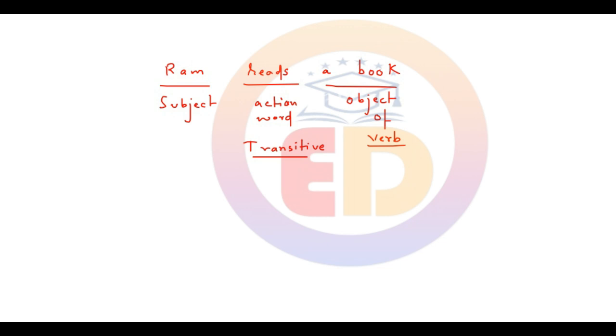Precisely, it will be called the object of verb. That is about transitive verb, but here our discussion is voice. If I break this sentence down, Ram is our subject, the action is reads, and book is the object. You can see that the subject Ram is reading the book, means he is performing the action.